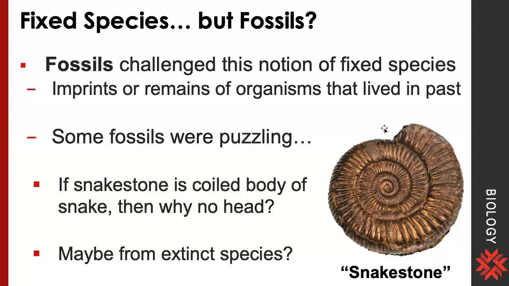And eventually they started to say, well, maybe it's not a snake. Maybe it's from some species that no longer lives, so from an extinct species. And indeed, I'll mention that these naturalists were right. This snake stone is actually a fossil from an extinct group of cephalopods.